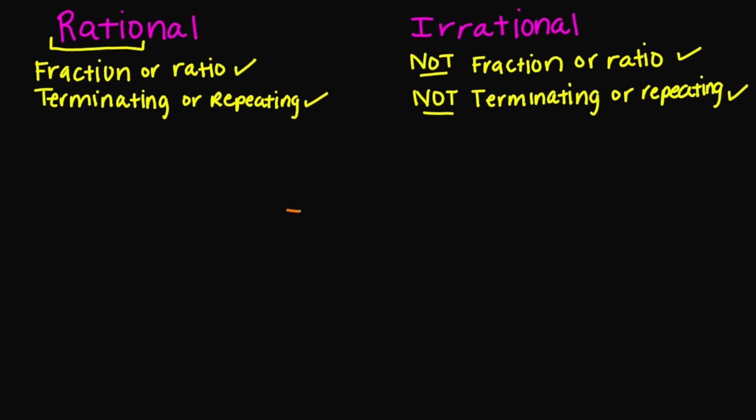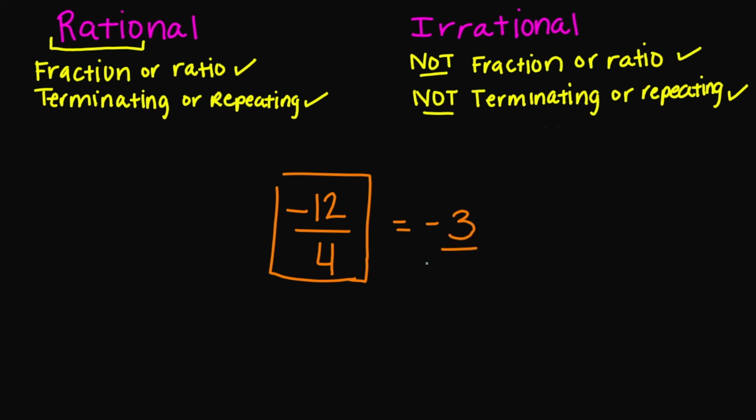What if I give you -12/4? Is -12/4 rational or irrational? -12/4 is equal to -3. Okay, so -3 is a rational number.